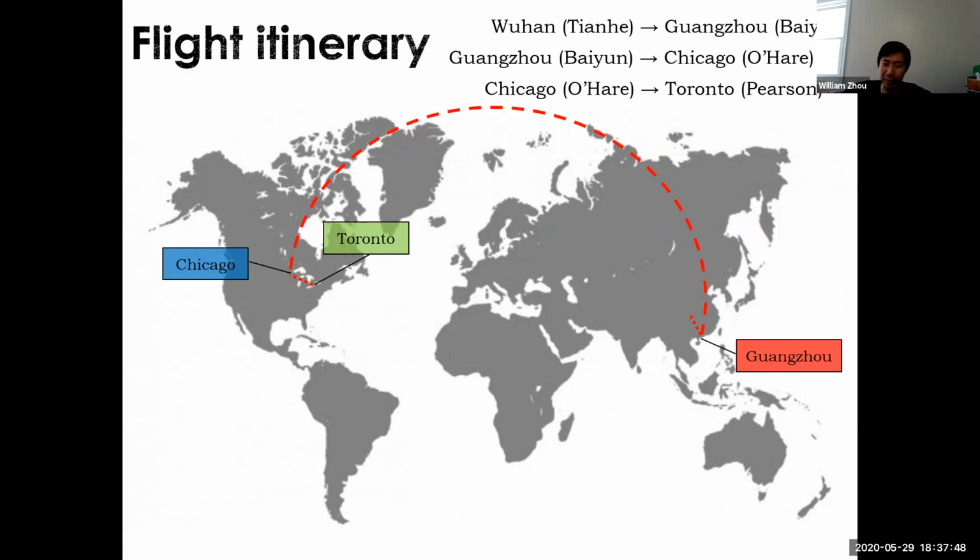And then finally from Chicago to Toronto. Just like in a chemical reaction, you can cancel stuff, right? I can just cross out Guangzhou because it happens on both sides. And then I can cancel Chicago because it happens on both sides. So really, you end up with the next equation that tells me I went from Wuhan to Toronto. Those are just the intermediate steps. Okay, you see what I'm getting at?